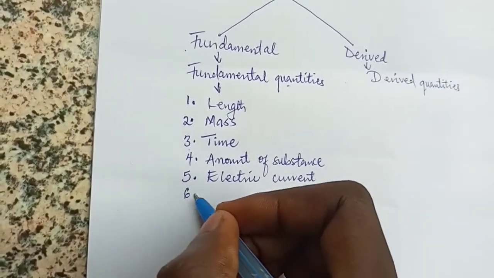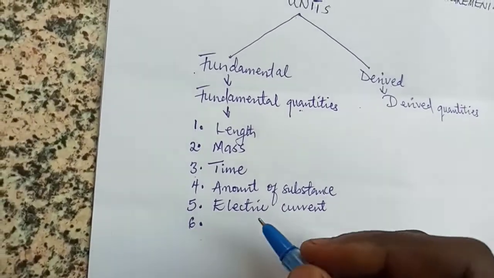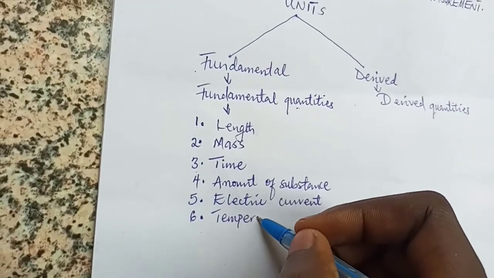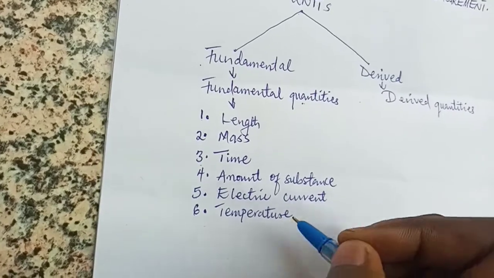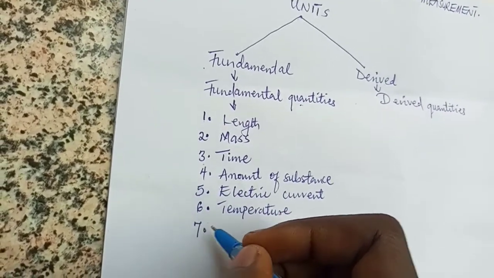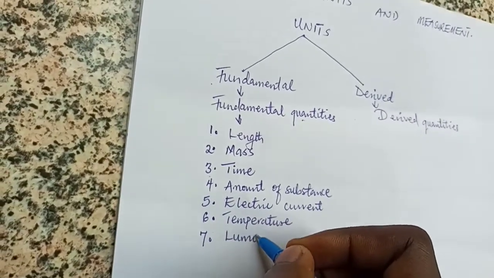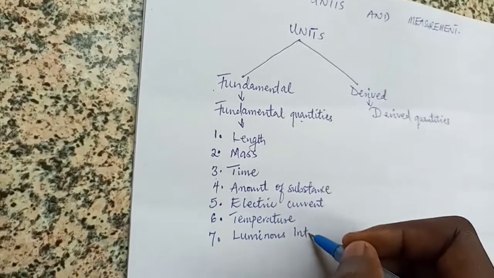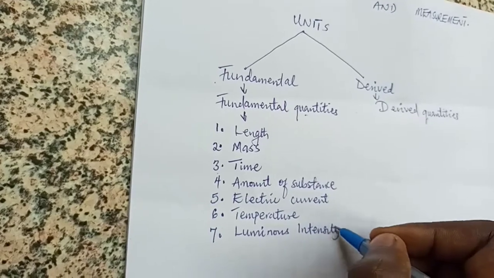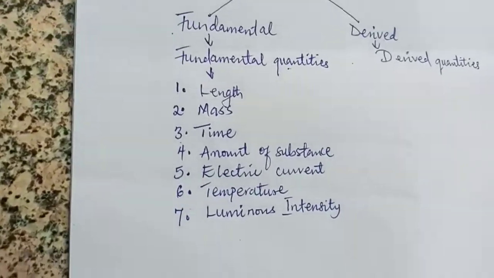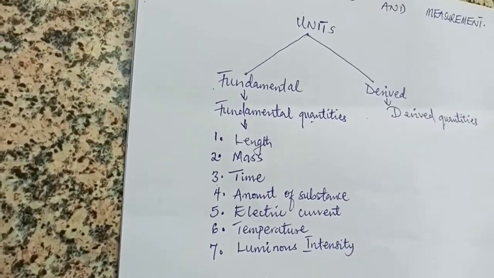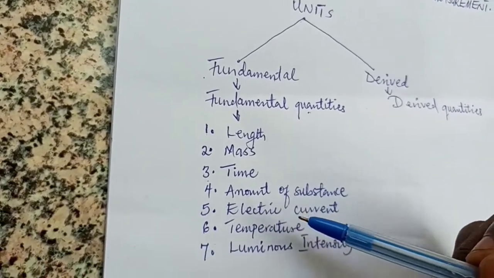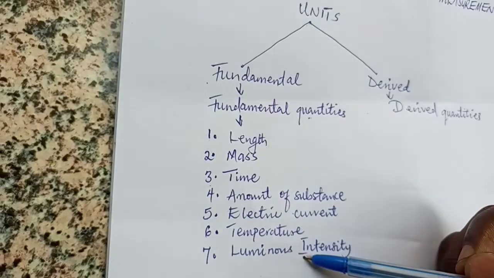The sixth one, temperature. And the seventh one, luminous intensity. So these are the 7 fundamental quantities that we have: length, mass, time, amount of substance, electric current, temperature, and luminous intensity.